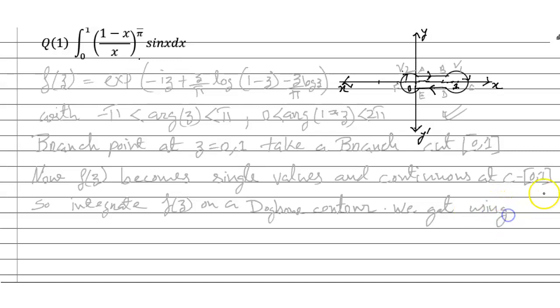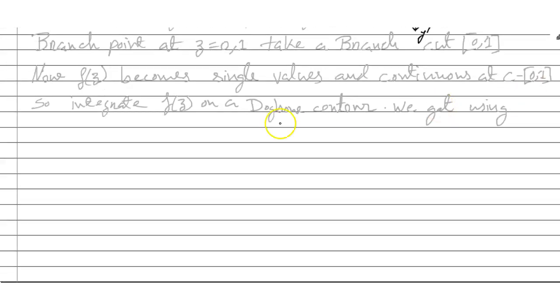So we get, using fractional residue theorem, the integral over gamma 1, gamma 2 of f(z) dz equals 0.